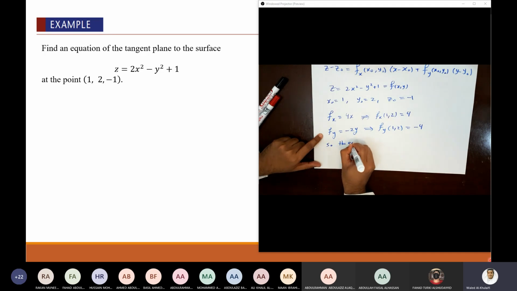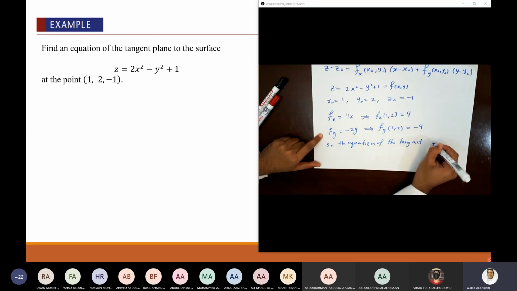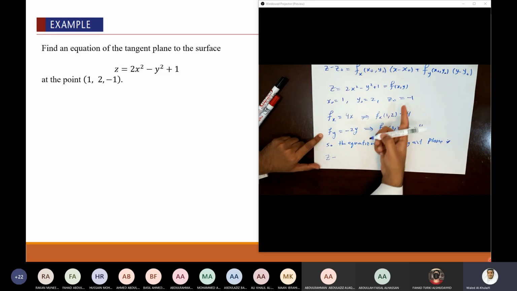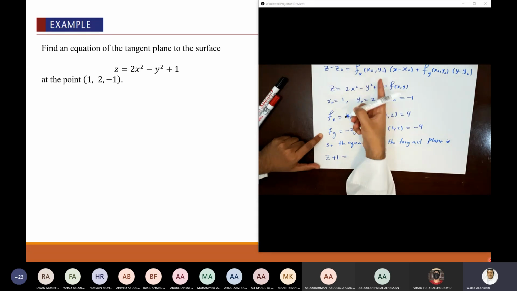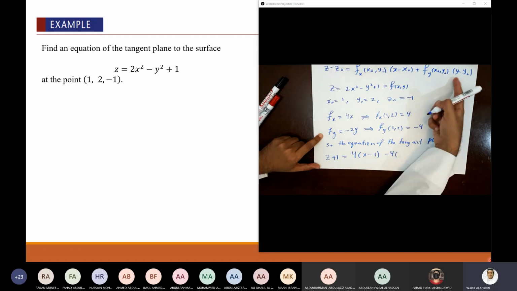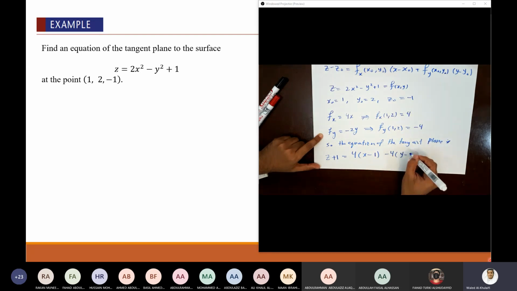So the equation of the tangent plane is z minus z naught, so it is plus 1, equals the derivative with respect to x evaluated, so we have 4 times x minus x naught, which is 1, and then the derivative with respect to y, which is -4, times y minus y naught, y minus 2.